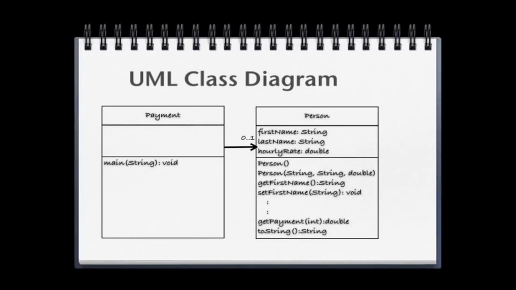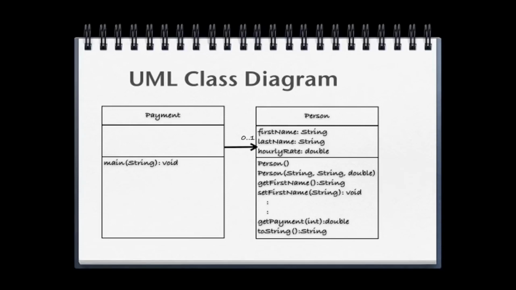Let's revisit the UML class diagram to remind ourselves of what we need to do next. In general, a class diagram is a blueprint for what we want to create. So we can see that so far we have created three of the items on our list: the firstName, the lastName field, and the hourlyRate field. Next, let's work on the constructors. As you can see, we have two constructors, one called Person that takes no arguments, the second called Person that takes two Strings and a double.